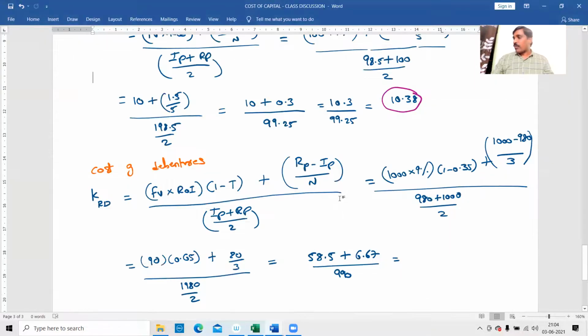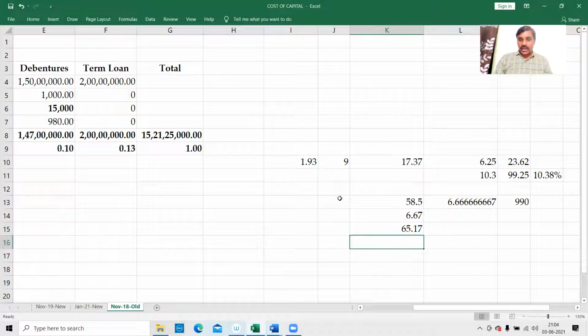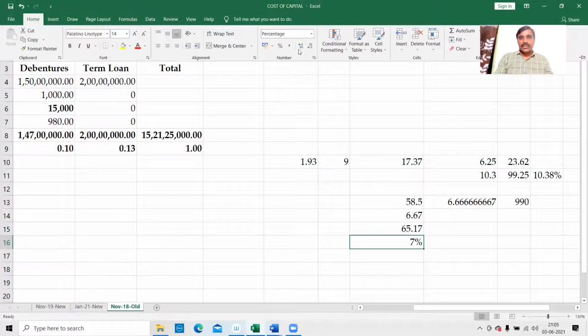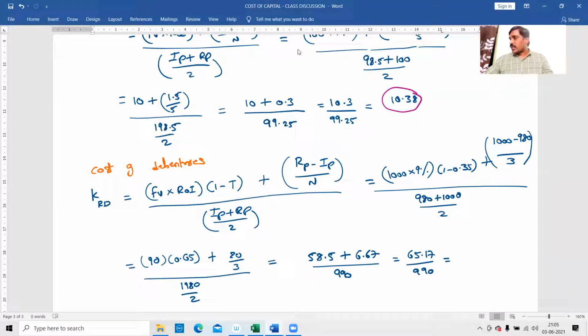It will be 65.17. Numerator is 65.17, denominator 990. So 65.17 divided by 990 will be 6.58%. So 6.58% is the cost of debentures.